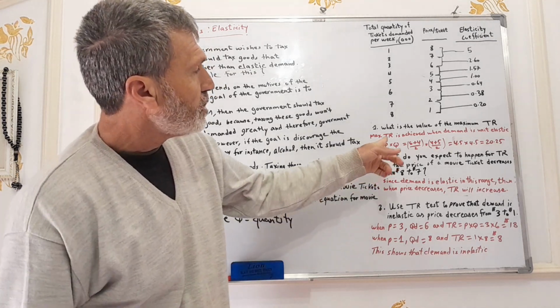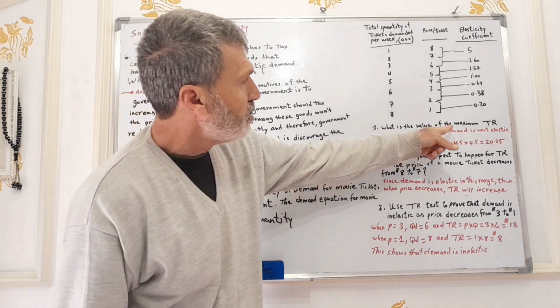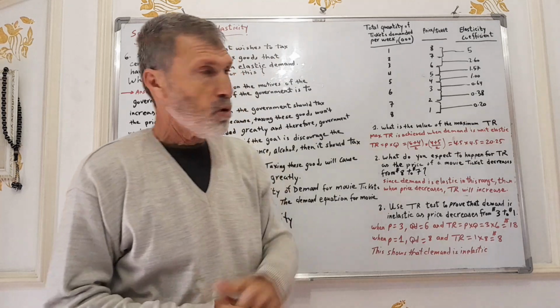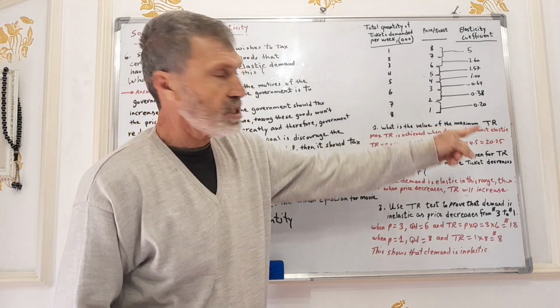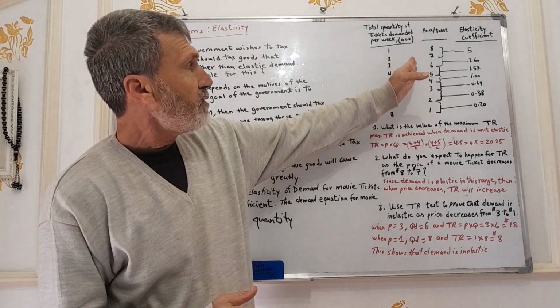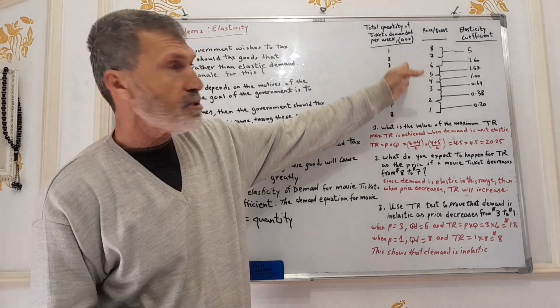The first question is: what is the value of the maximum total revenue, TR? Here we have a downward straight line demand curve.